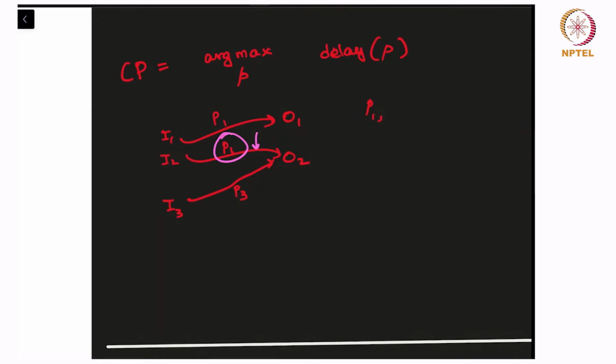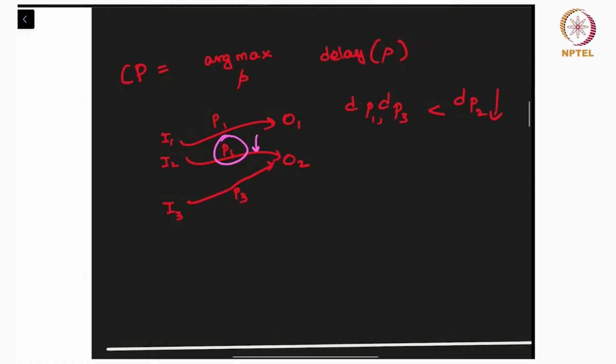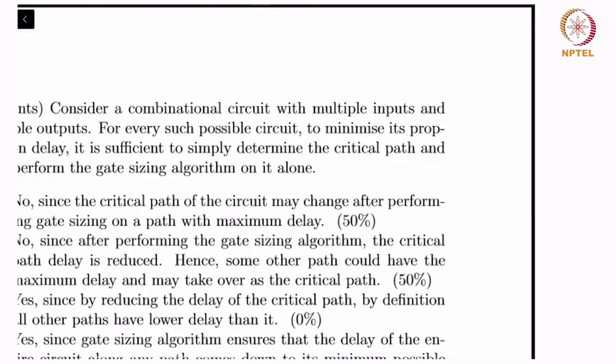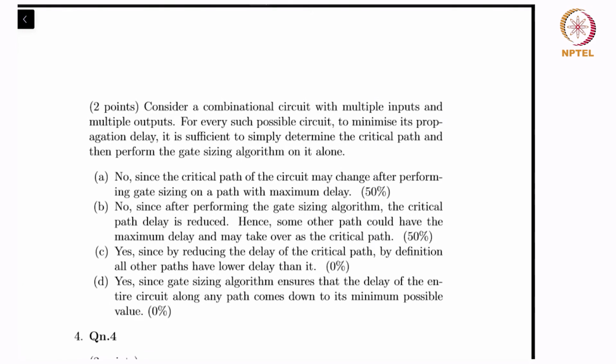Let's say the delay of P1 and the delay of P3 are less than the delay of P2. So I can't just reduce the delay of P2 and assume all these others will reduce. They won't reduce. If you now reduce the delay of P2, some other path will potentially come out as the critical path. So that is option number 1.